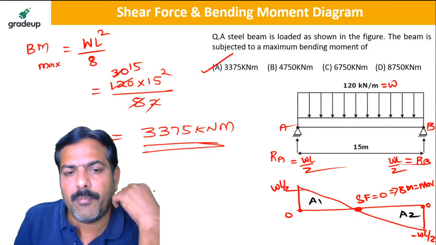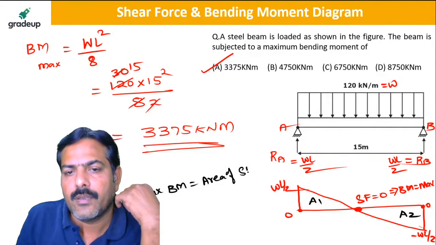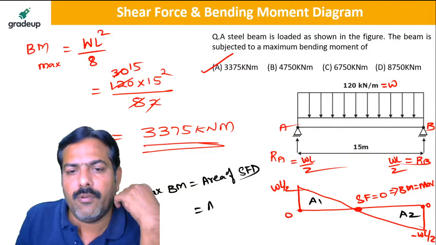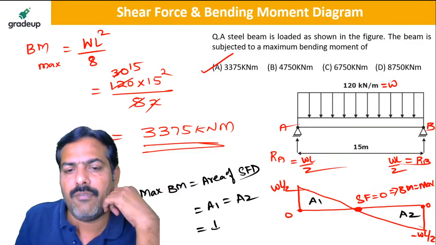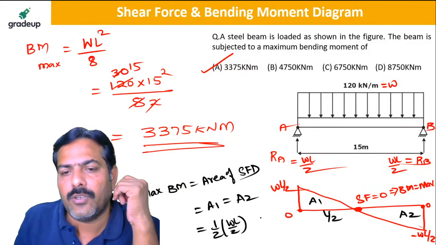The maximum bending moment is equal to the area of the shear force diagram, which is A1, which is also equal to A2. So this is equal to half WL by 2 and this distance is L by 2. So the answer will become WL square divided by 8, not 4.